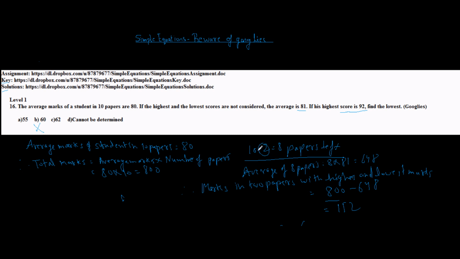When we say that only 8 papers are left by removing 2 papers, it might be that there are more than 2 papers with highest or lowest score.